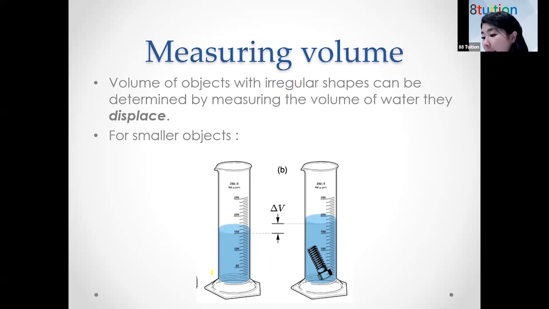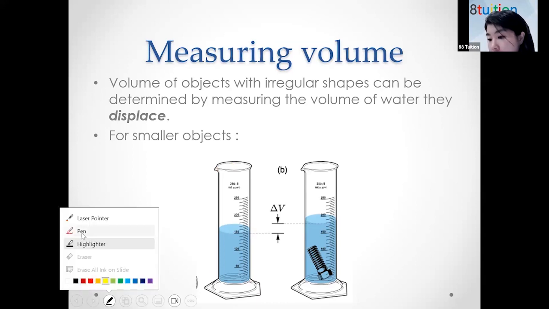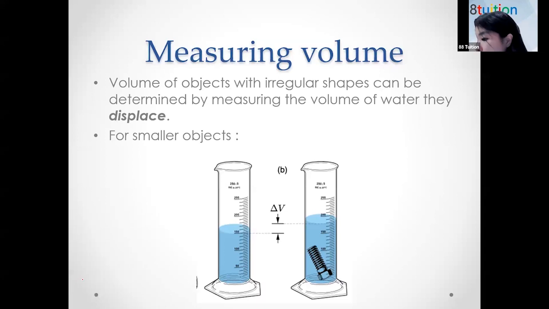First, we have a container or a measuring cylinder. This is a measuring cylinder with 150 ml of water. Then we want to measure the volume of this nail. Inside this measuring cylinder, we put the nail in. Now the new volume is at 180 milliliters. Let's use cm cube.